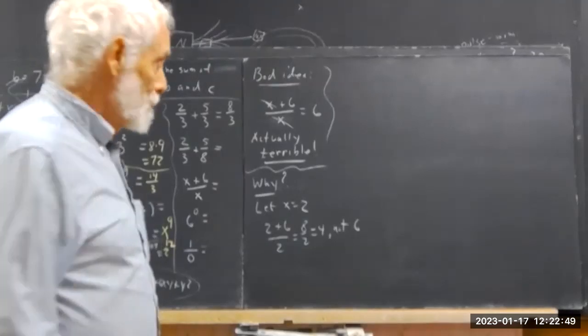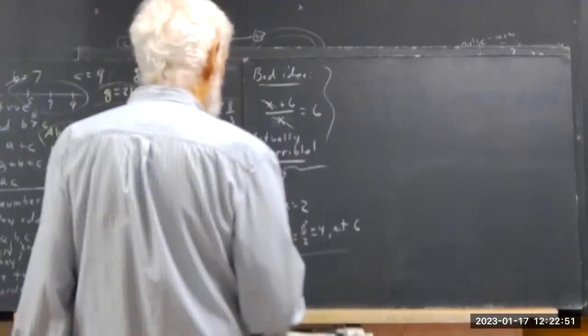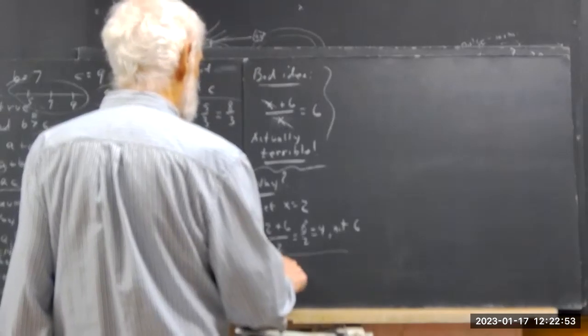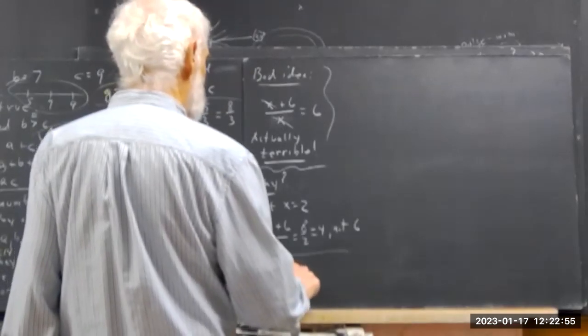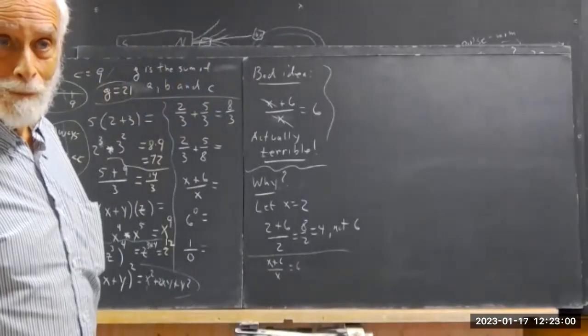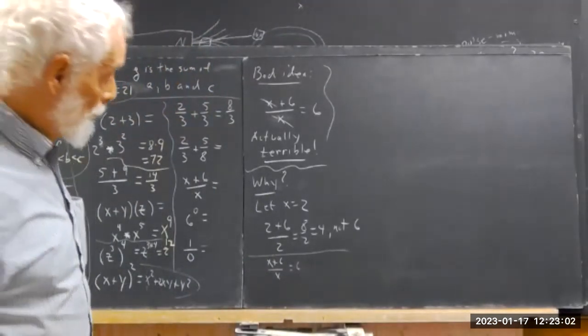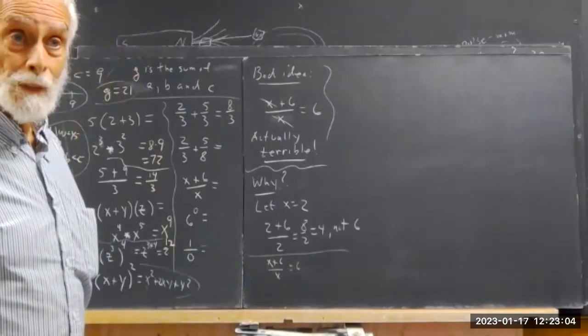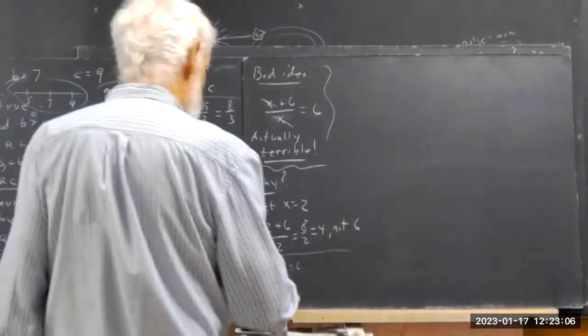Just to give you an idea of what might be common, we could write x plus 6 over x equals 6. That is true for one unique x.